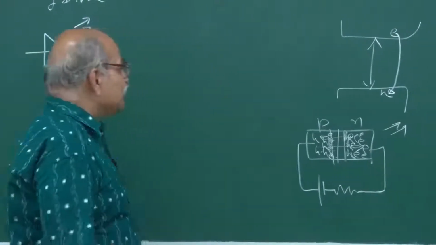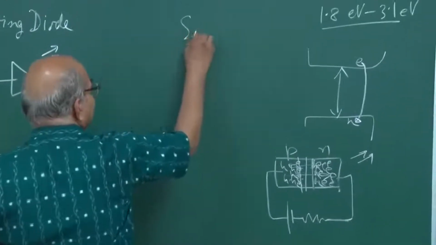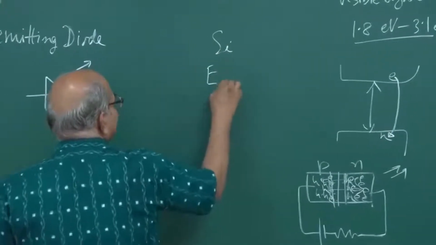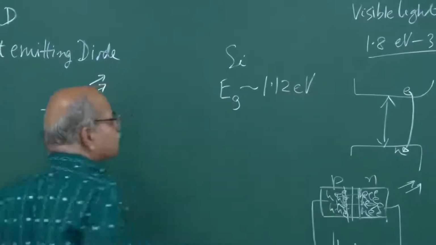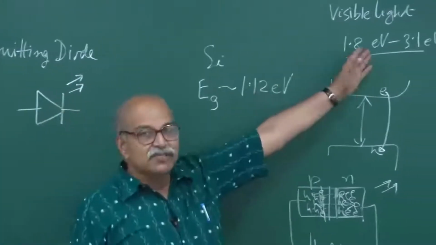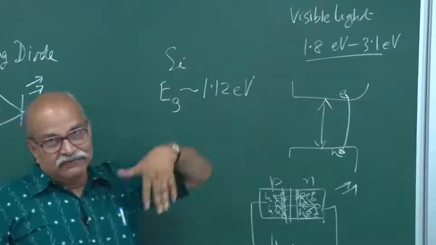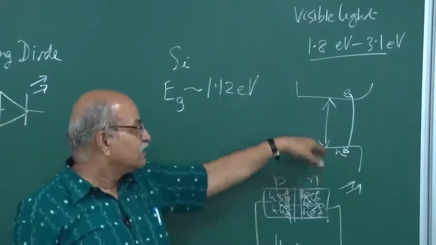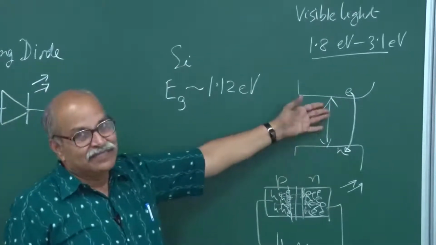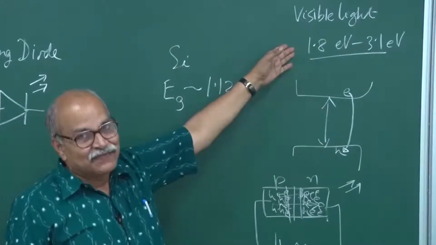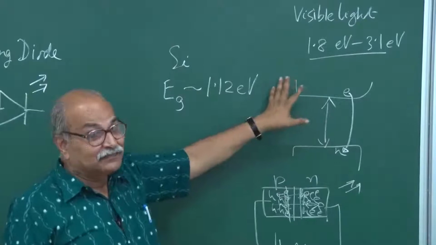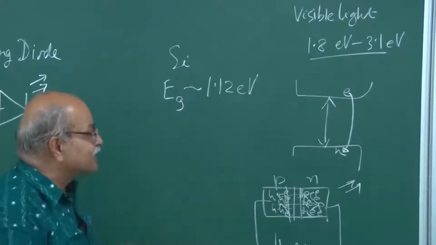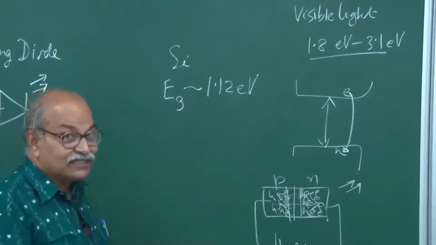The one obvious reason is for silicon the band gap is 1.12 eV around this, and this is not in visible range. So, even if there is a recombination, a photon is emitted, that will not be in the visible range. But more severe restriction comes from something else.